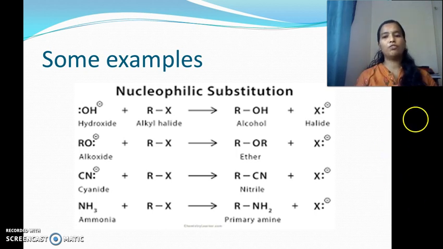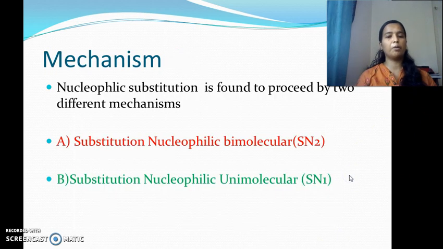Now this nucleophilic substitution reaction can take place by two different mechanisms. Do you know what a mechanism is? Mechanism explains the pathway of a reaction; it means the pathway of a chemical reaction. Nucleophilic substitution reaction can take place by two different mechanisms.